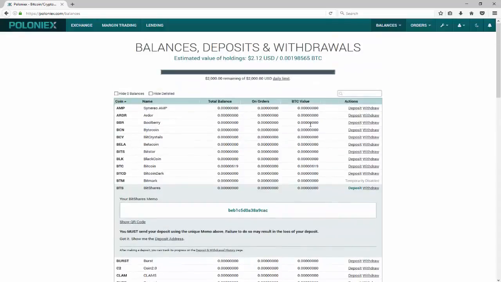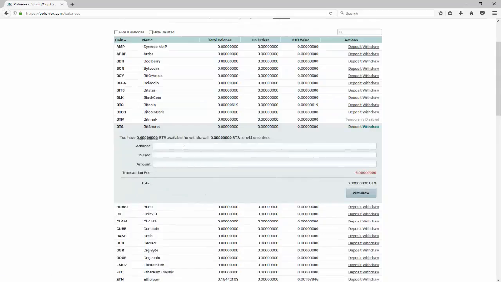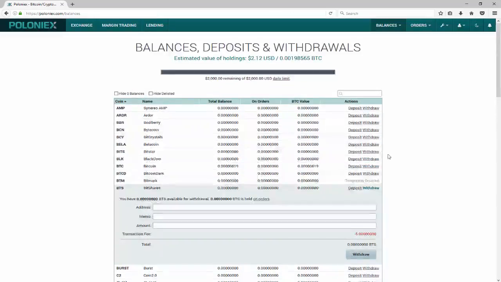If I want to withdraw, it's the same thing. I have to put in the address. In this case, there's a memo that comes with the address, the amount, and withdrawal. Then it'll send you a verification email and also ask for your two-factor authentication. That's important. You want to make sure that you do that.